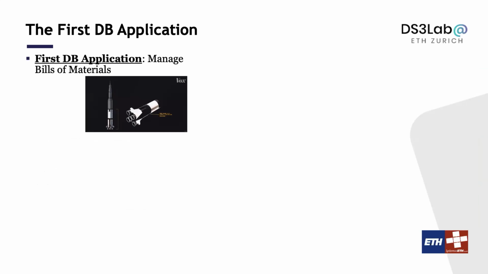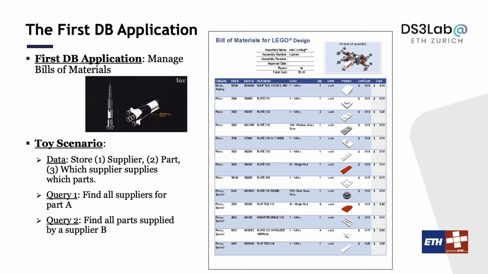Query number one: I have part A, find me all the suppliers that supply part A. Query number two: I have supplier B, find me all the parts that are supplied by that supplier. So this is our setting. This is the data we have, and these are the two questions we want to answer given this piece of data.